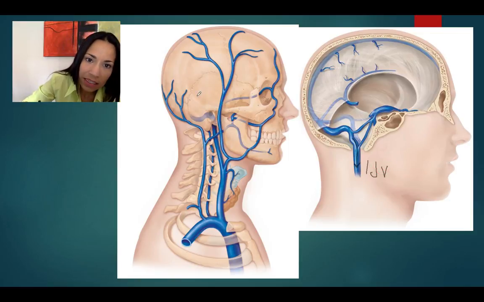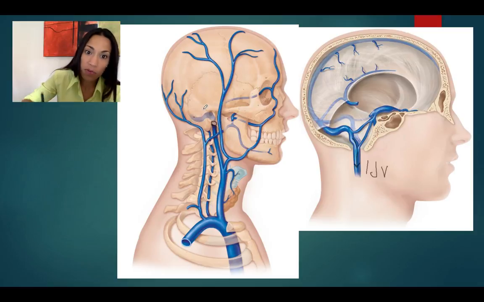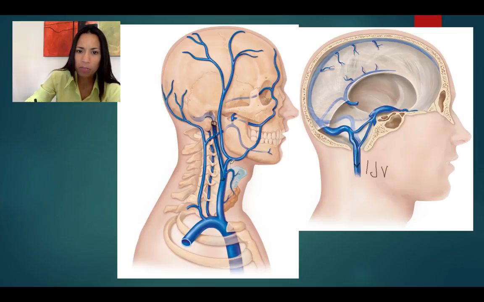See, now we can see it here. There is a foramen in here, the jugular foramen, that allows the vein to pass from inside the cranium to the outside and descend. At the same time it is collecting some of the deoxygenated blood from the anterior and lateral aspect of your face. Here we can see the internal jugular vein.